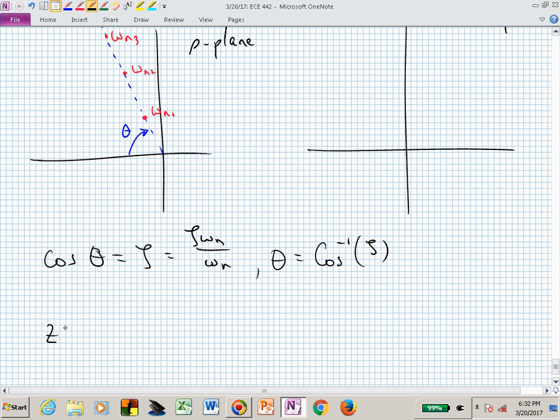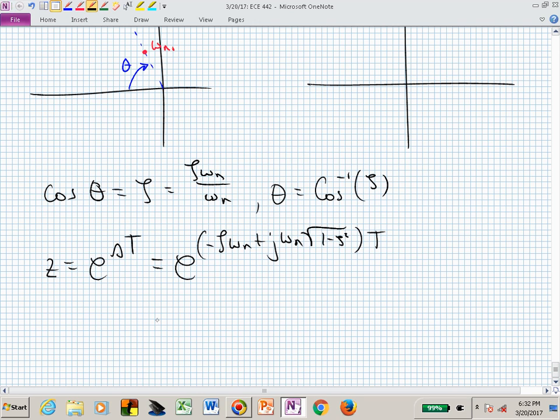And z, in terms of the parameterization that we've looked at already, is e to the st, or that's e to the minus zeta omega sub n plus j omega sub n square root of 1 minus zeta squared times t, or that's e to the minus zeta omega sub n t, e to the j omega sub n t square root of 1 minus zeta squared.